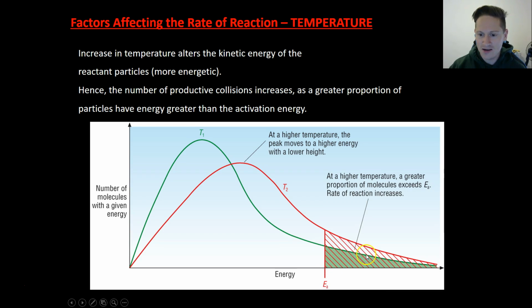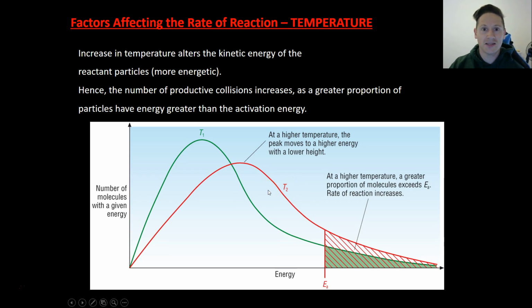The shaded green part is the number of particles that have energy greater than the activation energy, so when these ones collide, they're going to form products. When all the particles in this other area of the graph collide, which is the majority of them, it's going to be a non-productive collision. They're just going to bounce off and remain reactant particles.